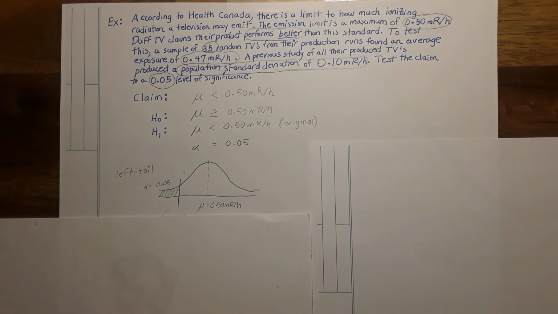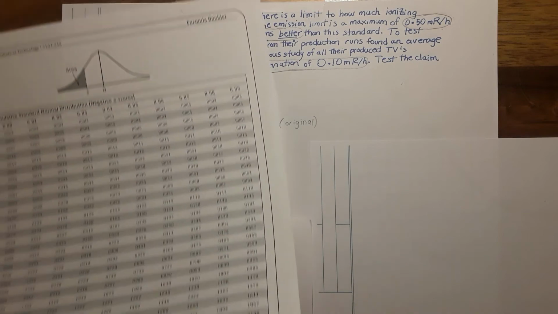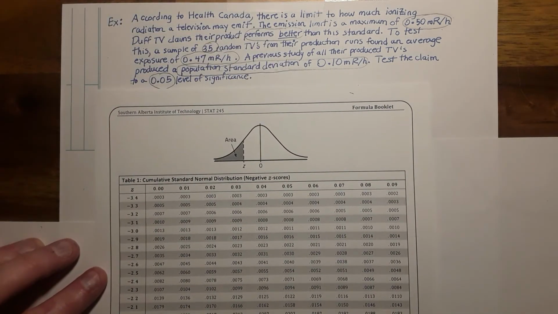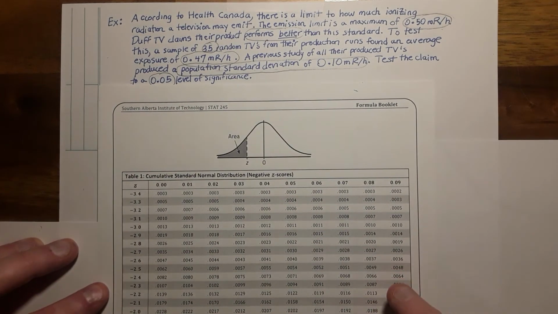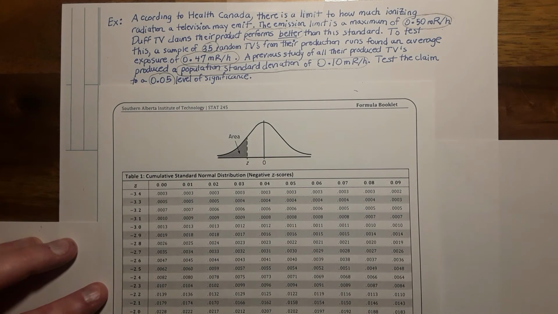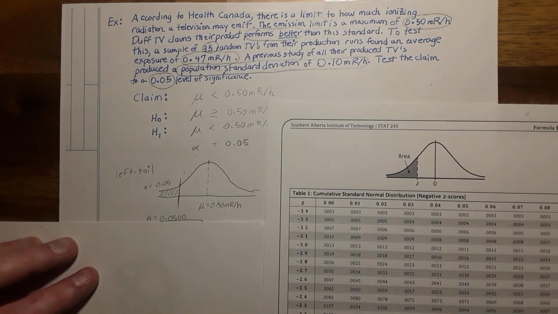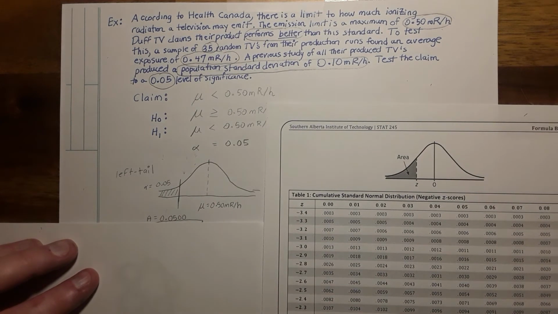We can find the value of the test statistic from this sketch. From this sketch, we can look on our table of z-score values, and we are looking for a 0.05 area that is to the left of that z-score.